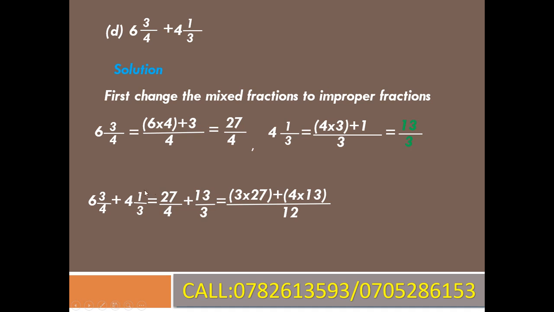Now keep the sign plus. 12 divided by 3, 4 times 13. So we shall compute that. We end up with 133 out of 12. This is an improper fraction, which you can go ahead, as per the procedure we talked about, to have 11 whole numbers and 1 out of 12.